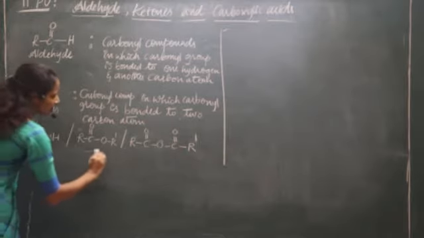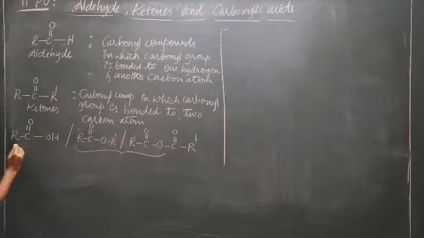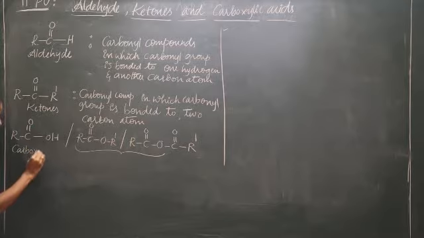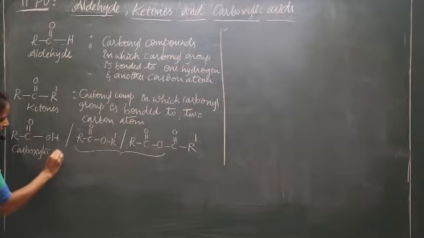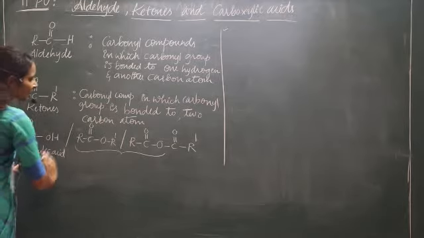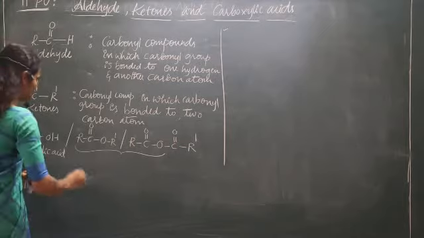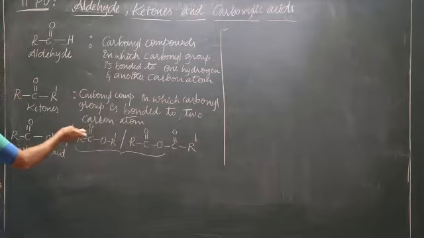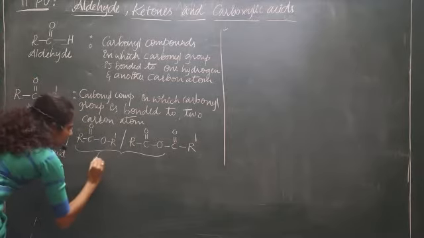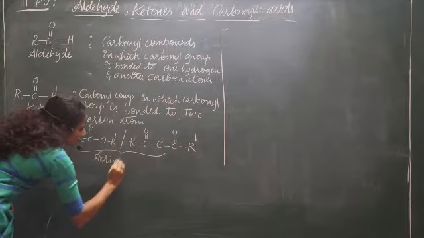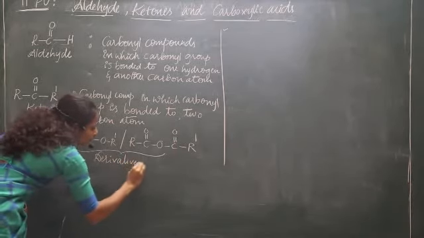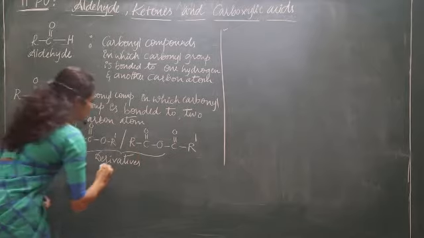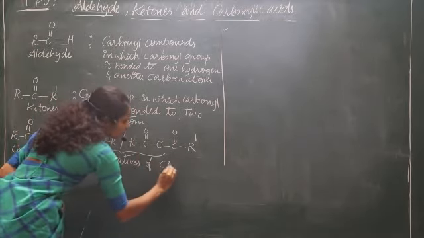The first is carboxylic acid, RCOOH, carboxylic acid, right? These other two are derivatives of carboxylic acids. If we replace this hydrogen, we will get those two compounds. These two are derivatives formed from carboxylic acids.